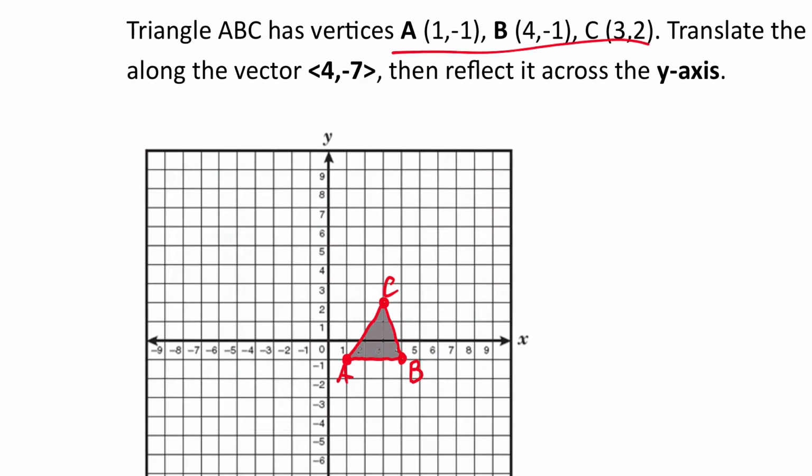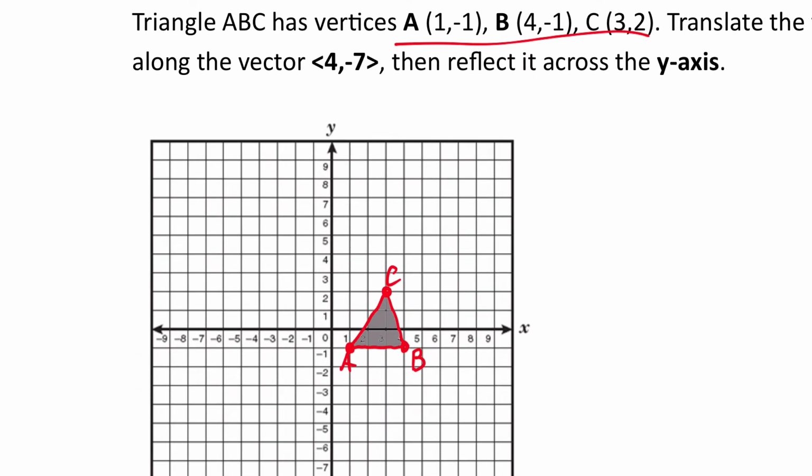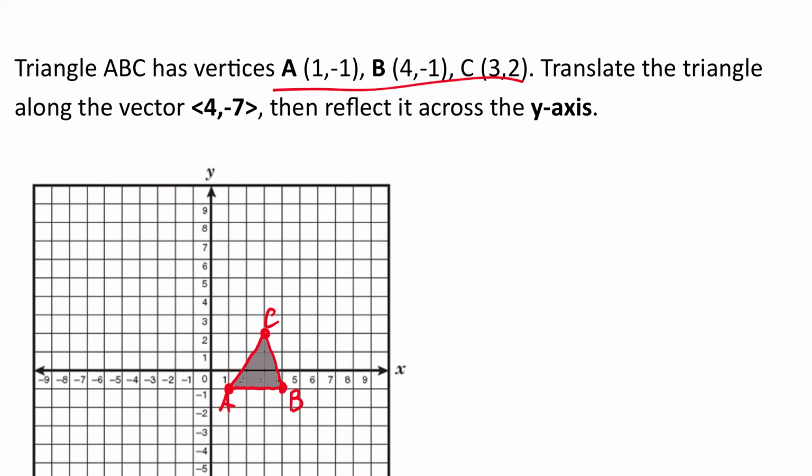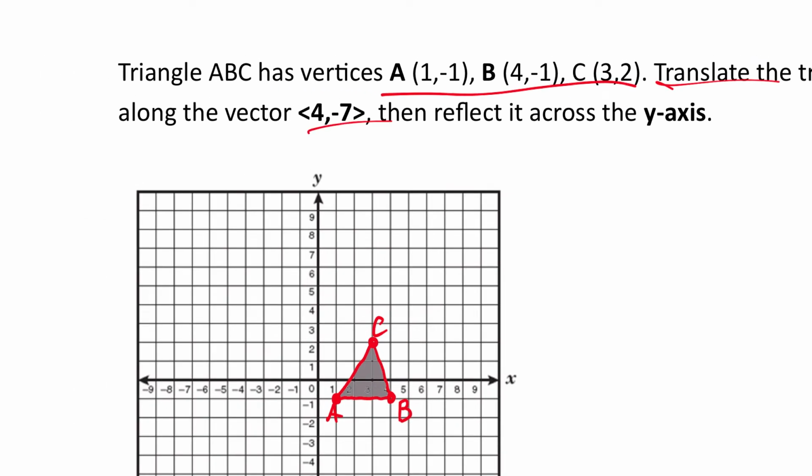All right, so that's the original triangle. Now, the first thing we're going to do is a translation along the vector 4, -7.